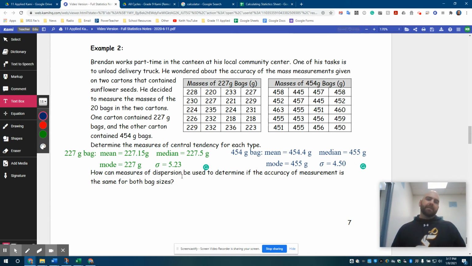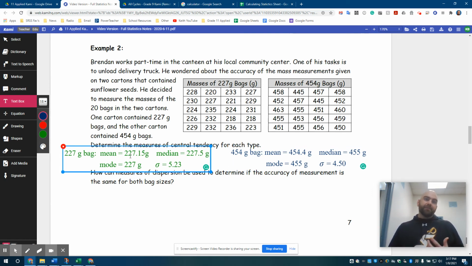Okay, or the more accurate is the data. So if we look at standard deviation, in the first one here, it's 5.23, and in the second one, it's 4.5. Now, what that tells us, the number is kind of arbitrary, really, but it tells us that our 454 gram bags are actually packed more accurately than the 227 gram bags.